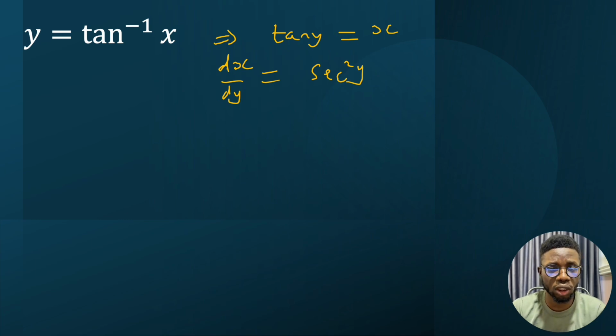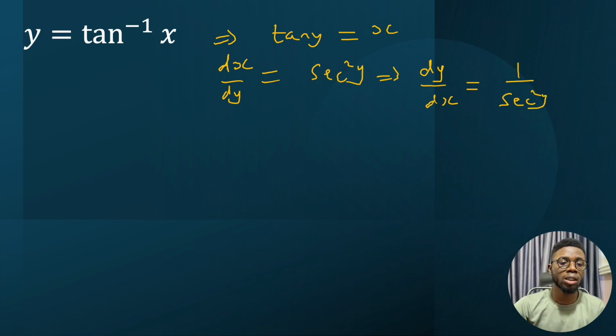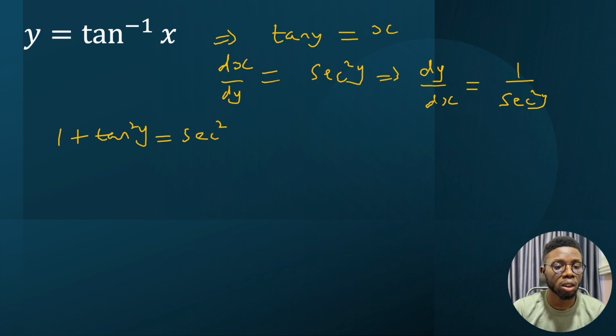So let's proceed, which implies that if you find the inverse, dy/dx would be equal to 1 divided by sec squared y. Now let's see our trigonometry identity again. Which one are we using here? If we recall very well, 1 plus tan squared y is equal to sec squared y.